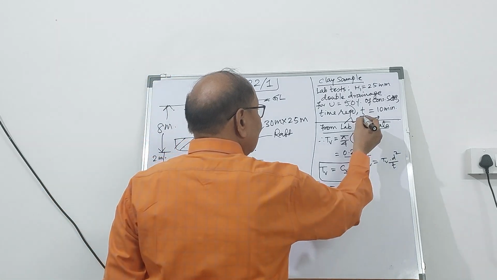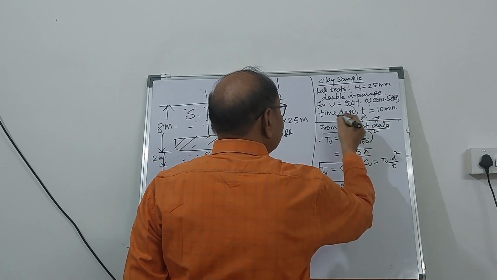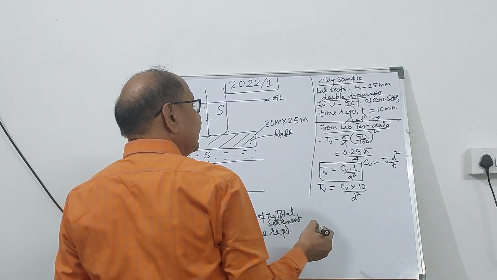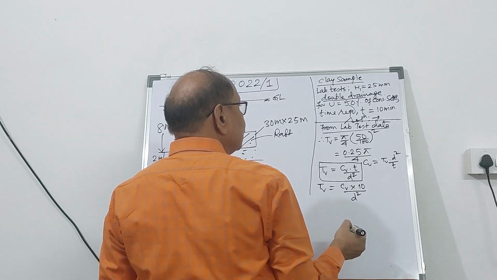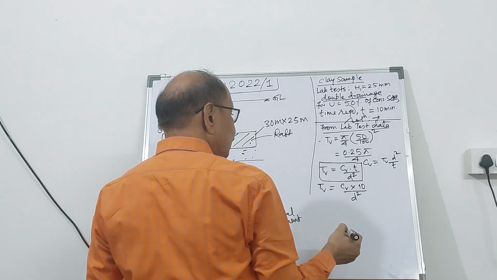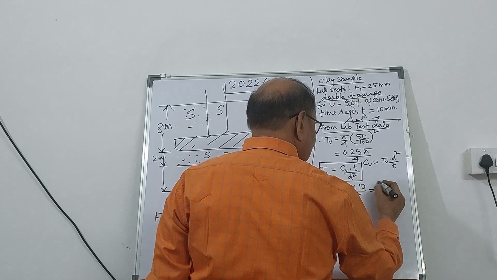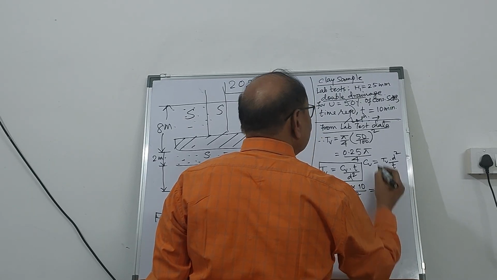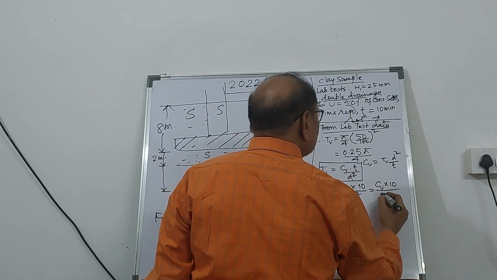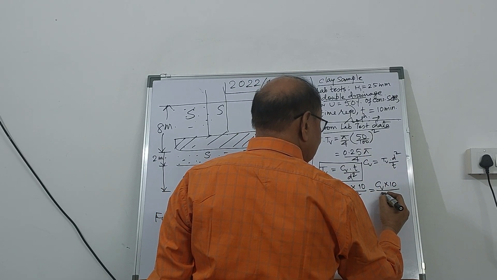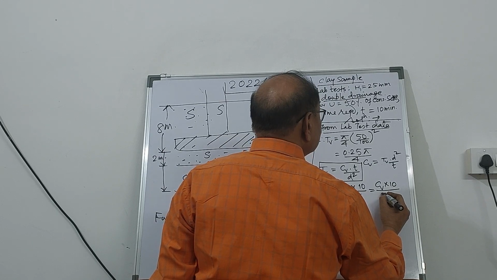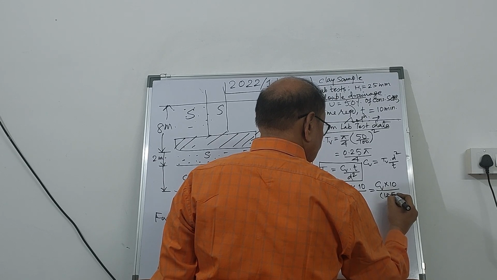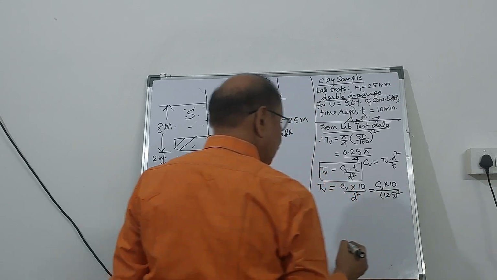And D is, because it is double drainage, which is given over here, H1 divided by 2. So it is going to be equal to CV into 10 divided by 25 divided by 2, that is 12.5, whole square.